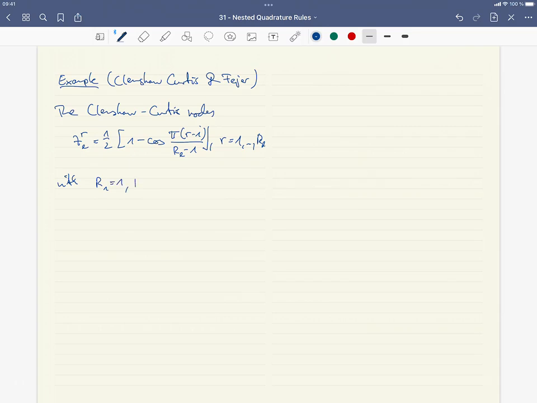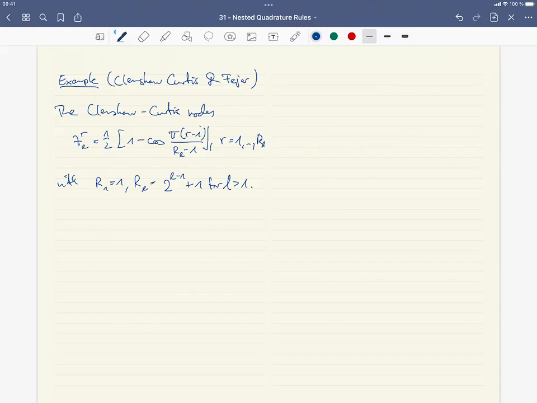R 1 is 1, and R L is 2 to the power L minus 1, plus 1, for L bigger than 1. Similar to the composite trapezoidal rule, the number of points roughly doubles.